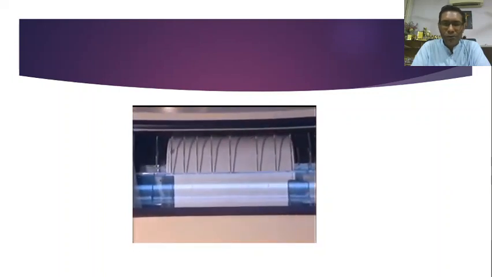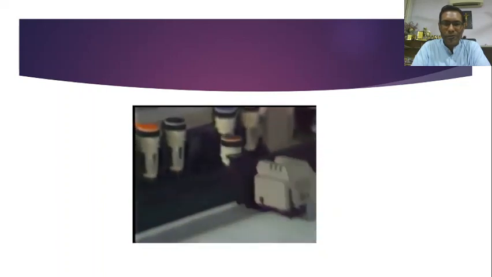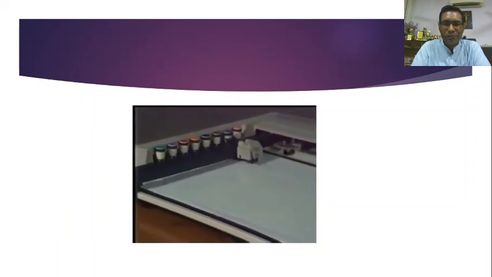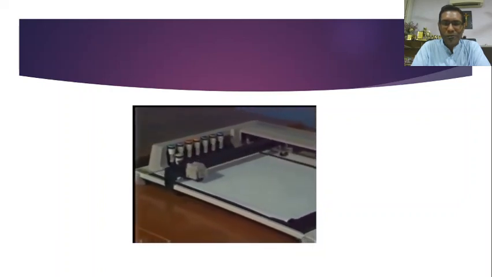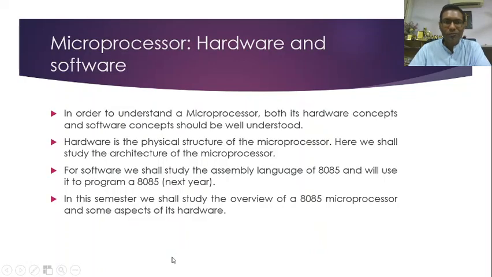This is an old printer. A microprocessor based system to stir the contents of the bottle, and a computer. Computers also have microprocessors, but they are of a higher bit.